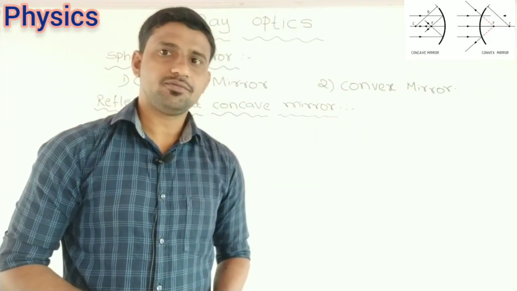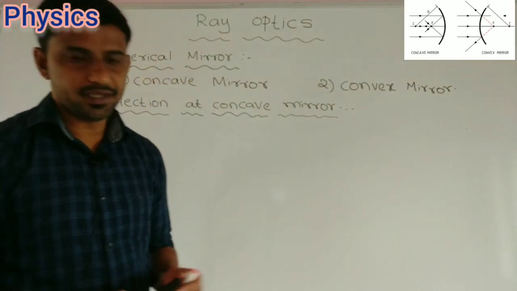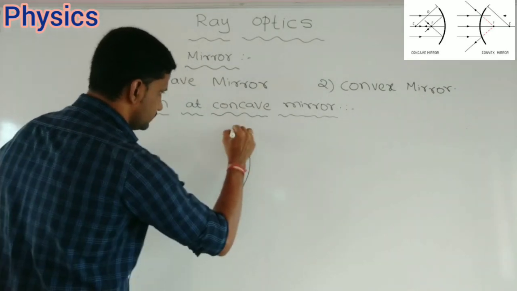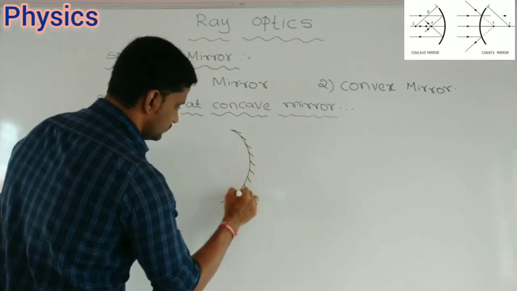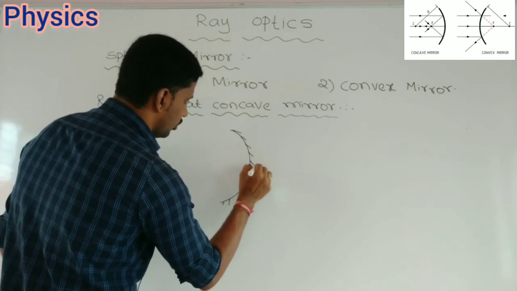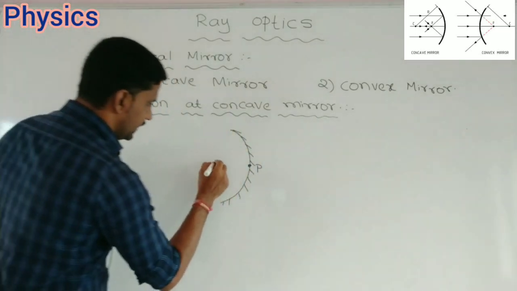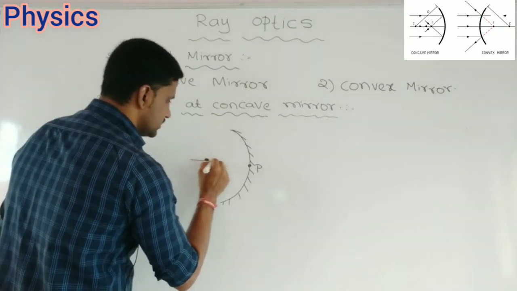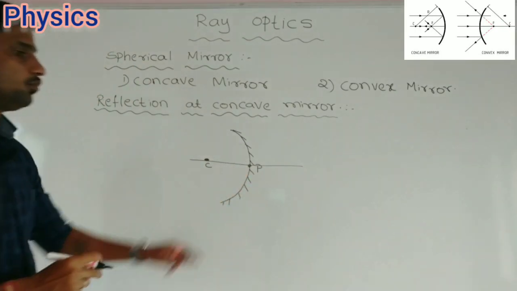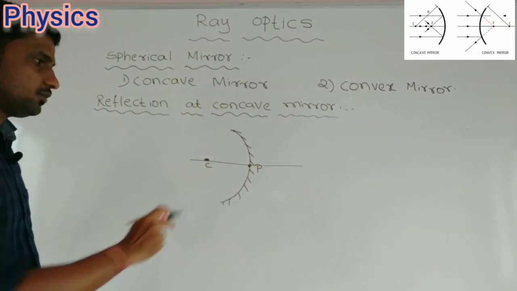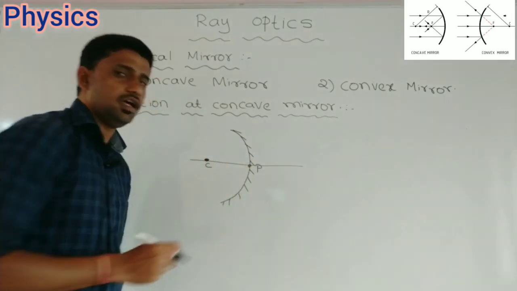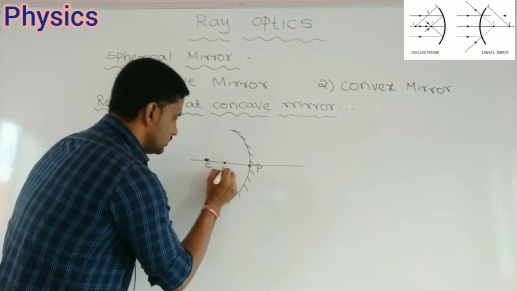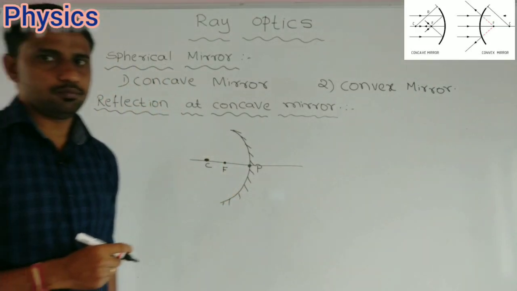Now let us see how the reflection takes place at a concave mirror. See here, I am first considering a concave mirror. This is a concave mirror. This is the pole or optic center of the concave mirror, and it has one center. This is the center of curvature, and the line passing through the center and the pole is the principal axis, and the principal axis has no particular length. Now assume that this is the principal focus of the concave mirror.